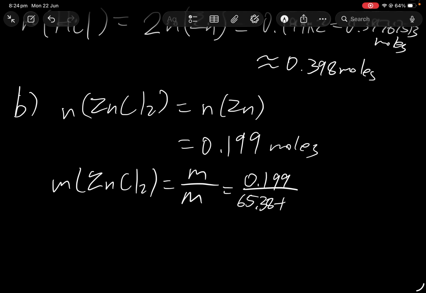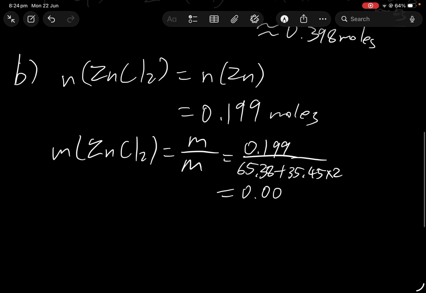Plus chloride, which is 35.45 times 2. 0.199 divided by 65.38 plus 35.45 times 2 equals 0.00145903701.